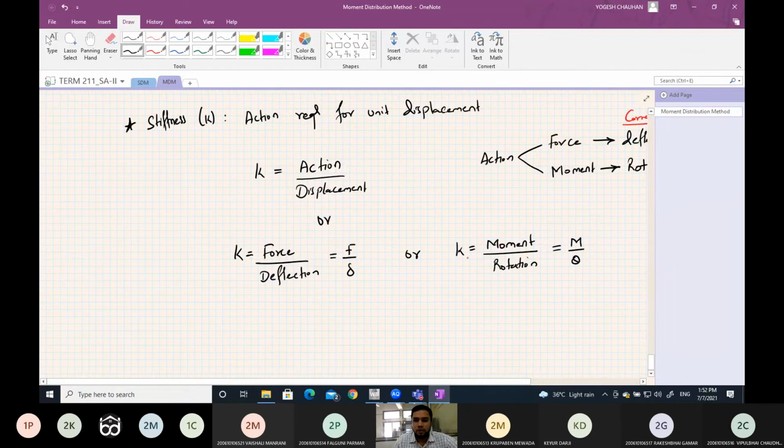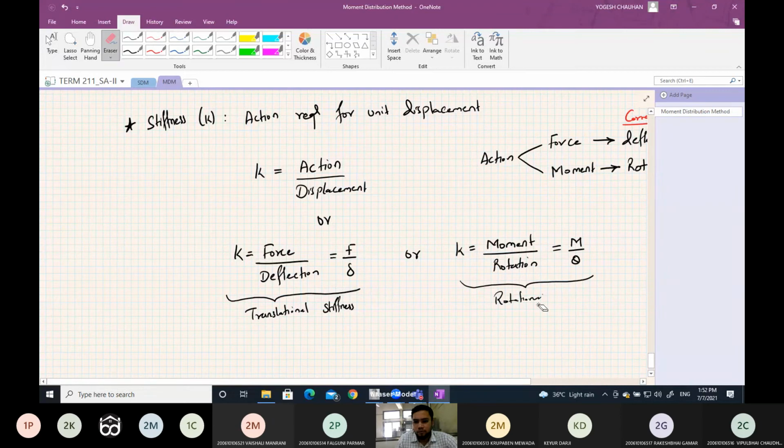So this will give you translational stiffness, this will give you rotational stiffness.